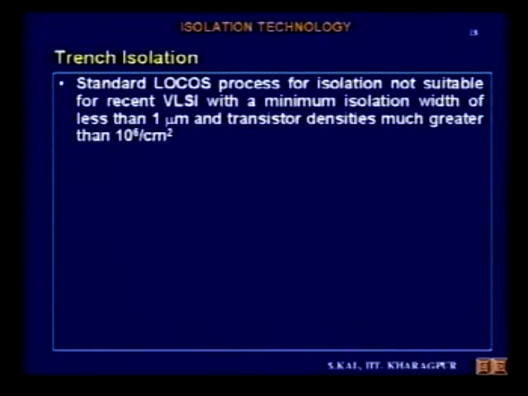If I allow a component density of the order of 10 to the 6 per centimeter square, then LOCOS is not sufficient. And if we allow an isolation width of less than 1 micron, then the standard LOCOS process is not suitable.